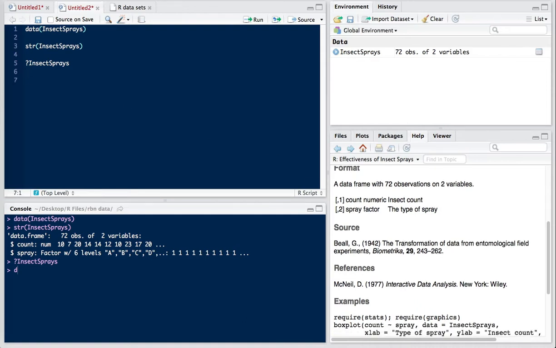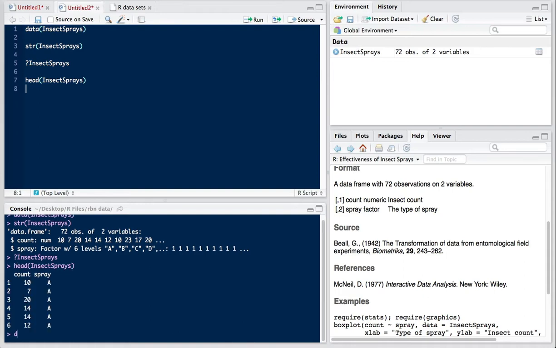But let's go back and take a look at the first few rows of data with the head command. So on the left side we see the count of the number of insects, and you can see there's replication because on the right side we have the spray. So there are a number of different replicates for each of the 6 different sprays that were used in this study.